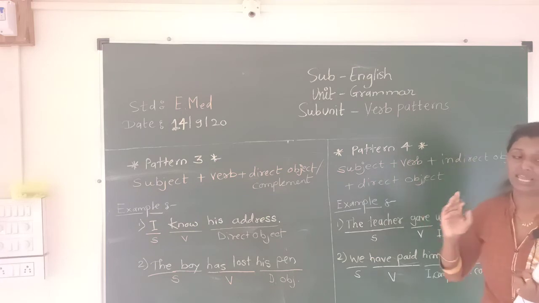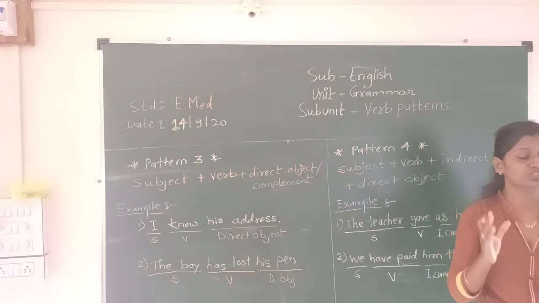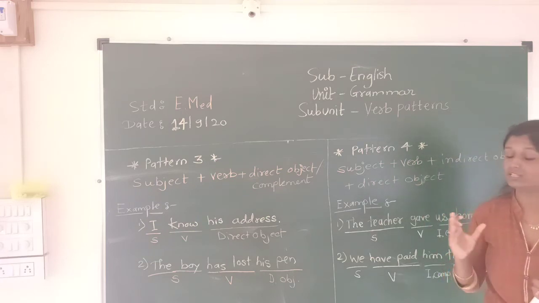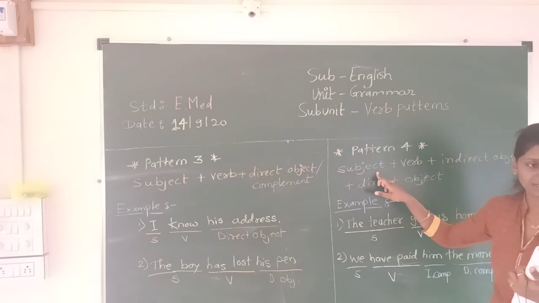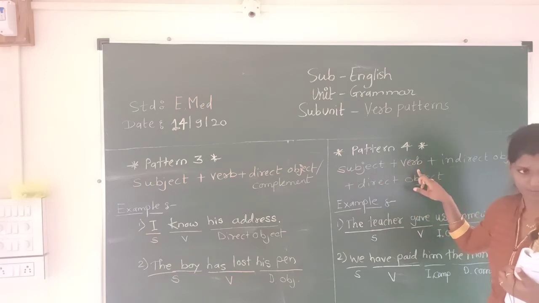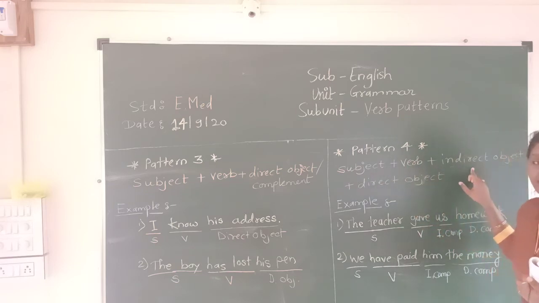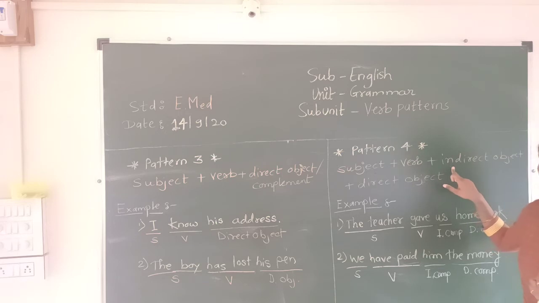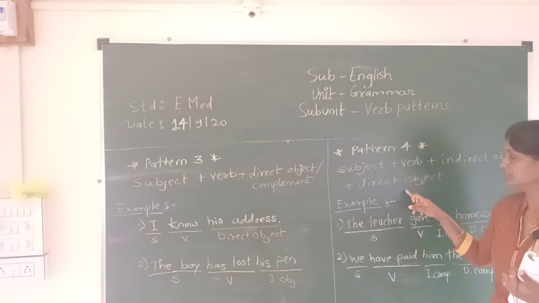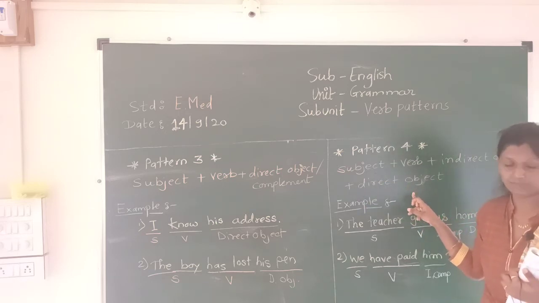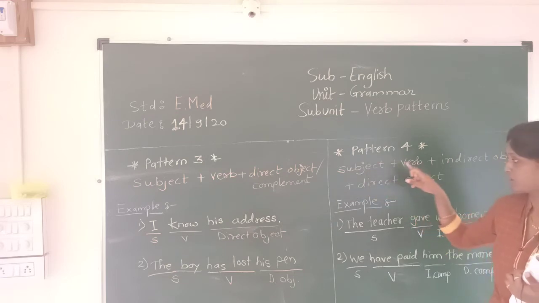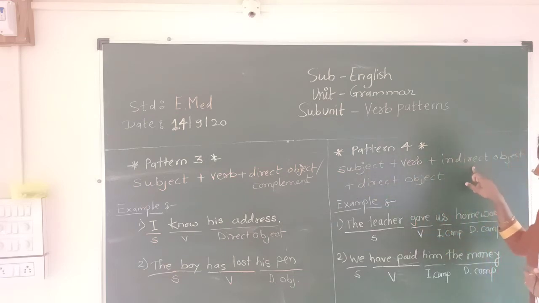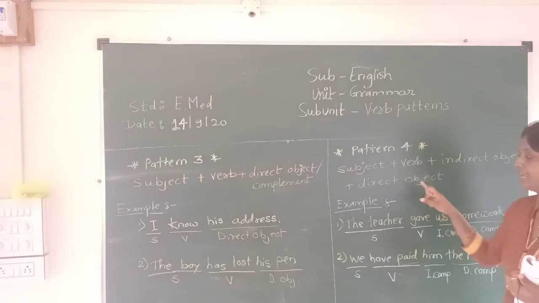Pattern 4. In this pattern 4, the structure of the sentence is subject plus verb plus indirect object plus direct object. Subject, verb, indirect object and direct object.